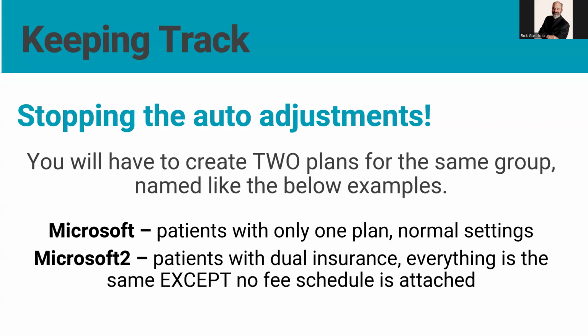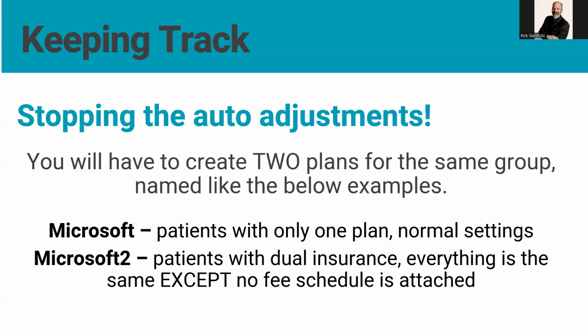So create those two plans. So if you have a patient who works at Microsoft and their spouse works for Walmart, you're going to have, oh, they have primary and secondary. I'm going to link Microsoft 2 as their primary, and then I'm going to link Walmart 2 or Target 2 or whoever their secondary is as the secondary.